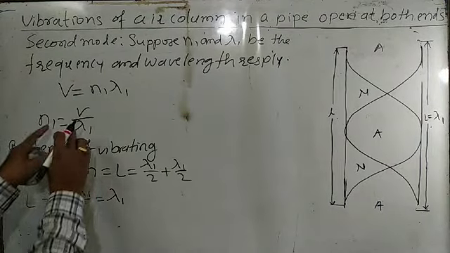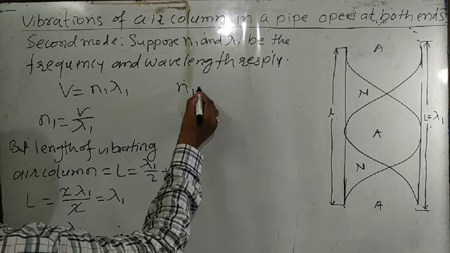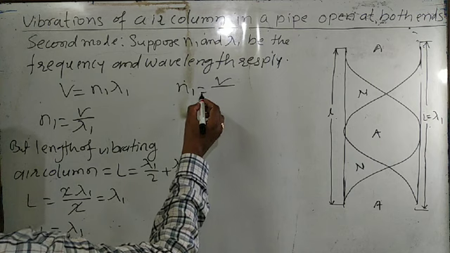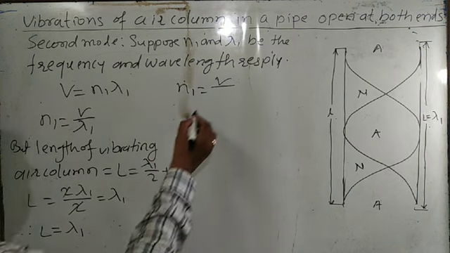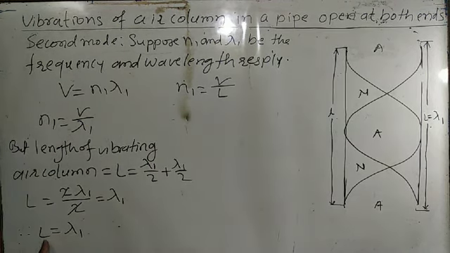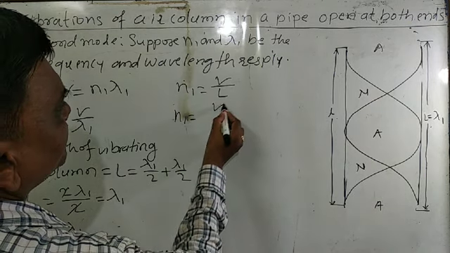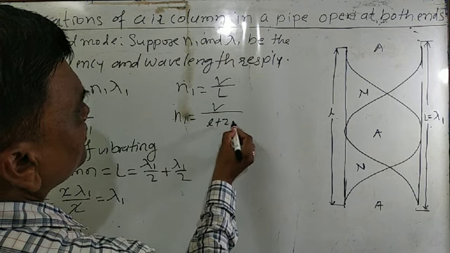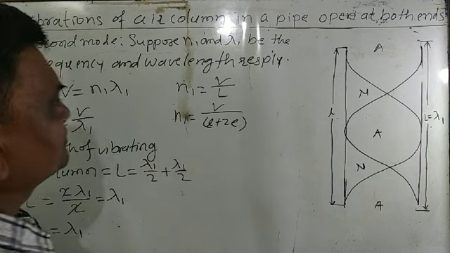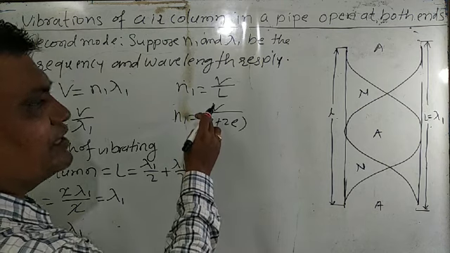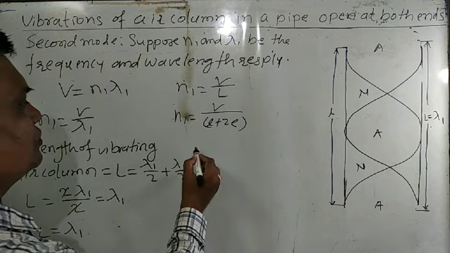Put this value in this equation, therefore N1 equal to V by L. Lambda 1 equal to L. But N1 equal to V by L plus twice E. Now we can arrange this equation by multiplying by 2 and dividing by 2.